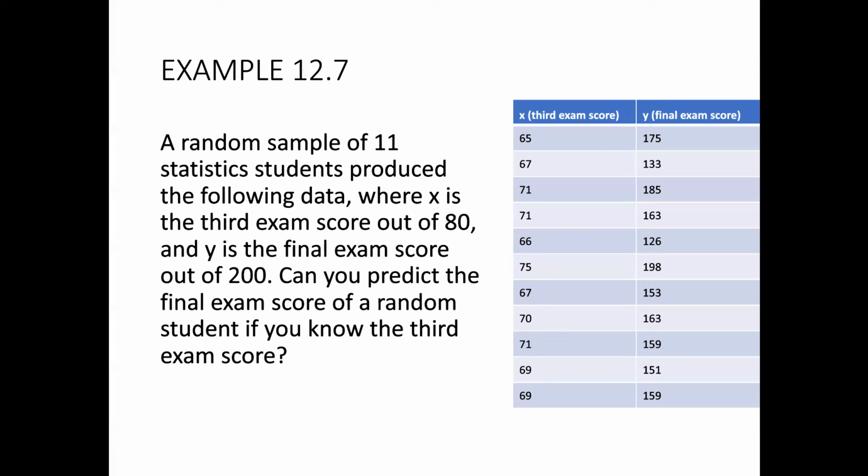So I'm going to go back to my stat plot, and I'm going to make sure that I'm still plotting L1 and L2, which is where I put my data. Still good? L1, L2. So now I'm going to hit zoom 9. It's going to graph my scatter plot, and what's that outline? That's my regression line.